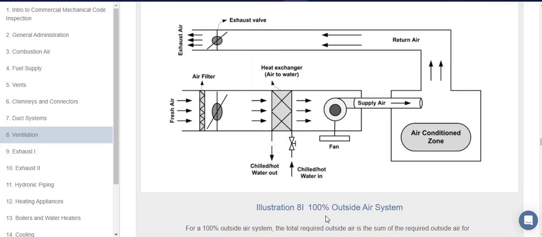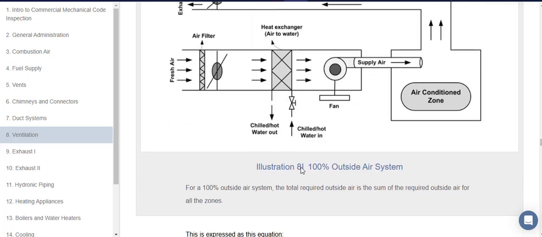Illustration 8I, 100% outside air system. As we see here, this is the fresh air and this is the filter, and the heat exchanger, air to water, with chilled water in and out. The supply fan delivers air to conditioning, but the return air all goes outside, nothing is given back to the system.